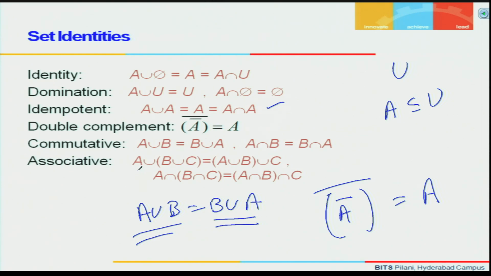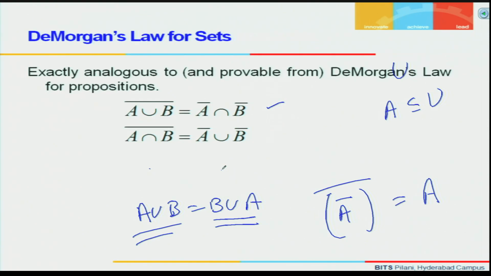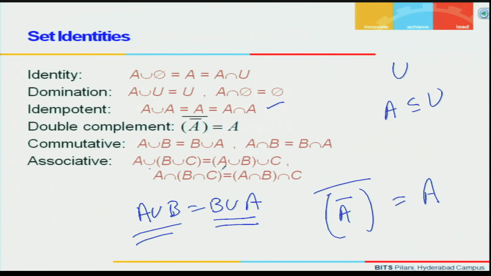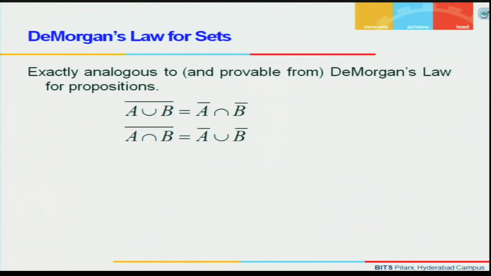What I mean is that (A union B) union C is the same as A union (B union C). These are all identities, you can use them as and when you require, they are all correct, and you can prove them also. And De Morgan's law, whatever we have seen in propositions, most of the laws are there here as well.